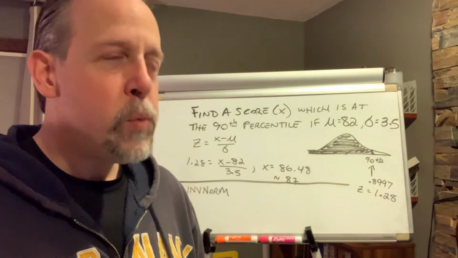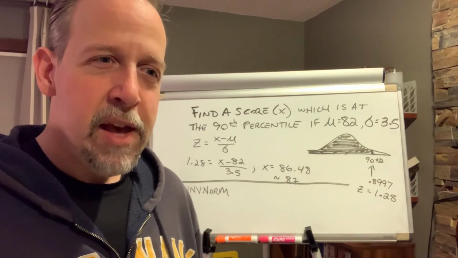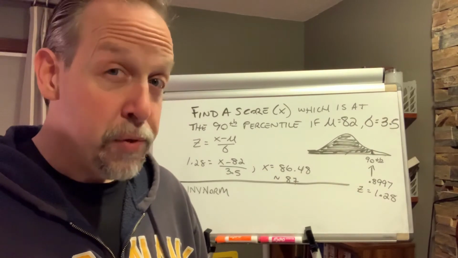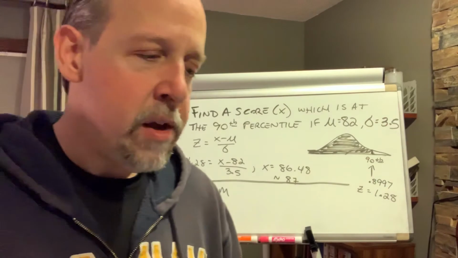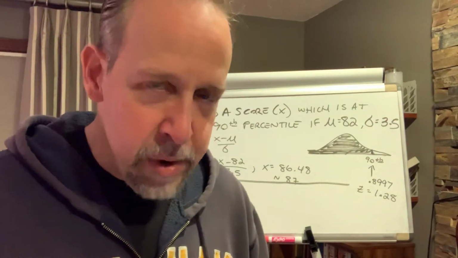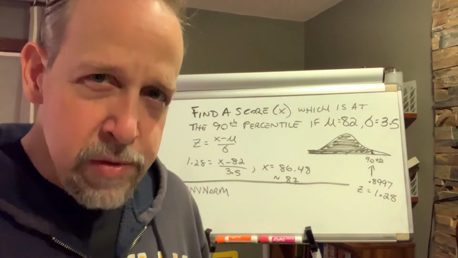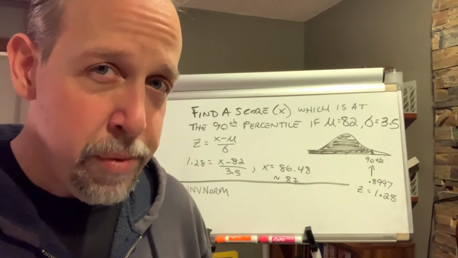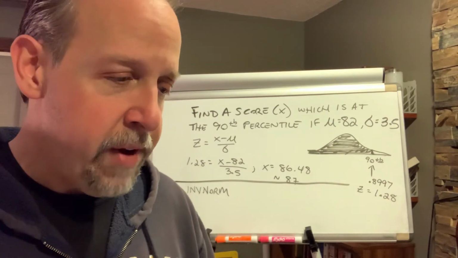Clearly, we could just bypass the whole thing and use inverse norm with the raw data. Go back to inverse norm, second vars 3, area still 0.9, but instead of using 0 and 1, let's use the actual data we were given. We were told the mean was 82 and that the standard deviation was 3.5.